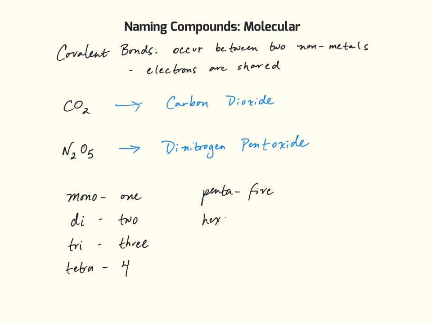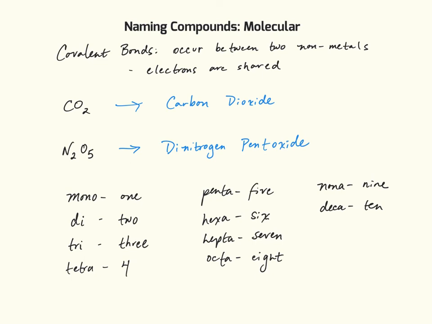Hexa, 6. Hepta, 7. Octa, 8. And then our last two here, we have nona, which is 9, and then deca, which is 10. Okay, so those are our big prefixes that we would use.